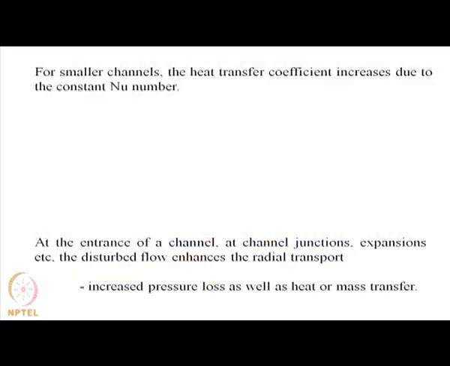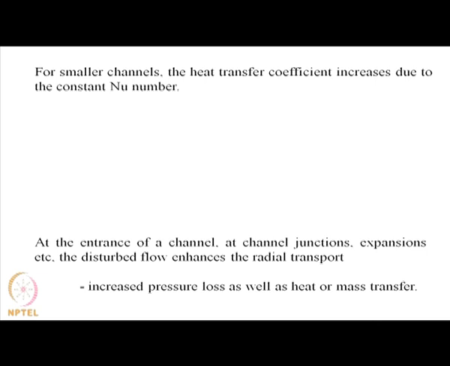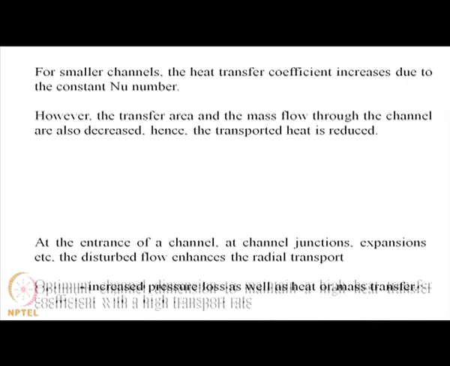So an obstruction in the path or alteration of the fluid path not only increases pressure drop, it also increases heat transfer in microchannels. So we get more pressure loss, but at the same time we have increased heat or mass transfer, and it is just a balance of which one we would want for our system.